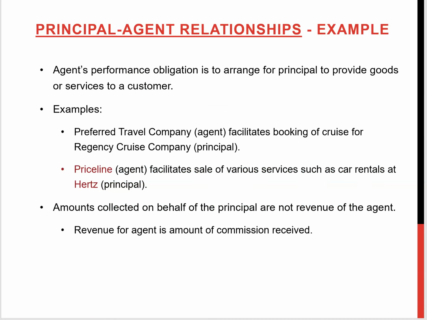Now we'll see a scenario of principal-agent relationships. What is that? In a principal-agent relationship, the principal is the company who actually fulfills the performance obligations to transfer any goods or services to the customers.